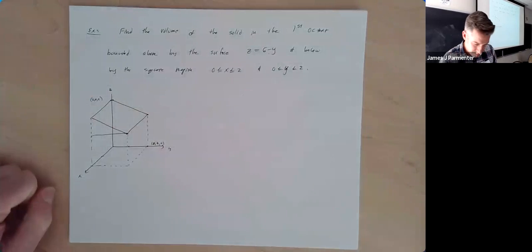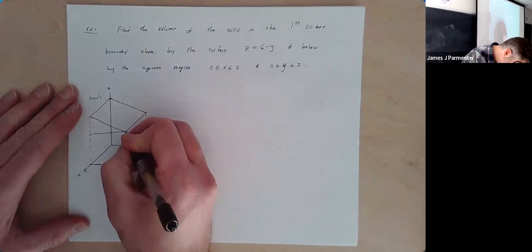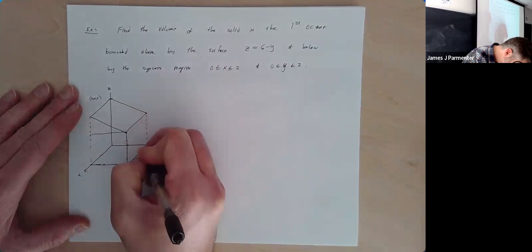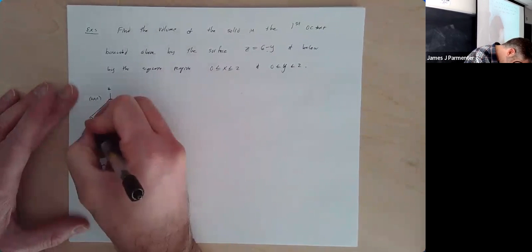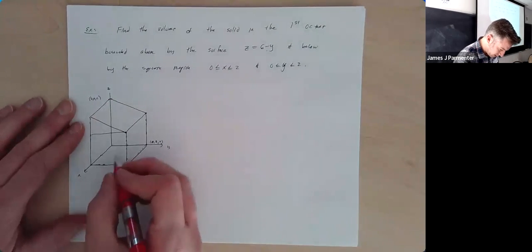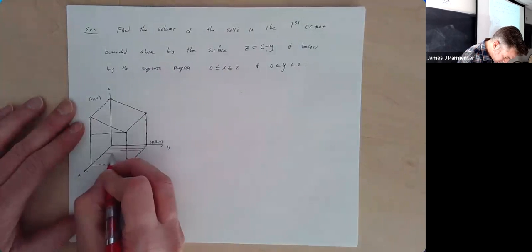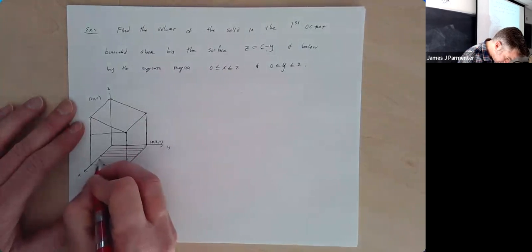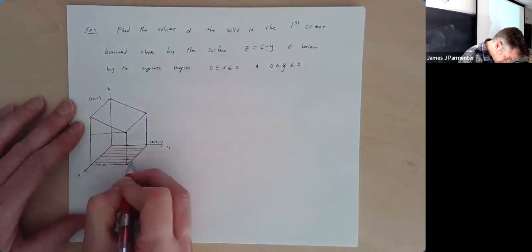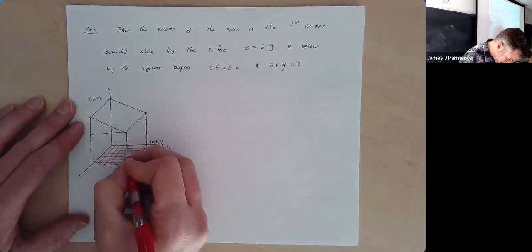And so basically the idea is that this is our solid. And so the idea is that we're kind of breaking up the region in the XY plane into all these little squares, which are a little dx and a little dy.